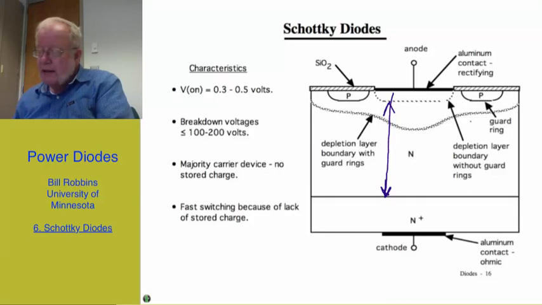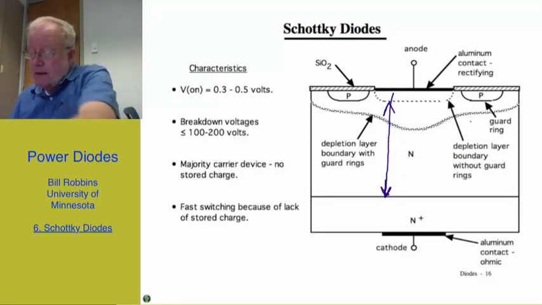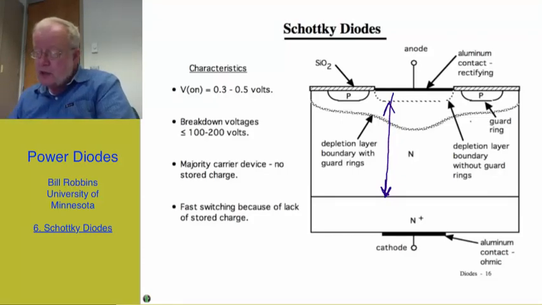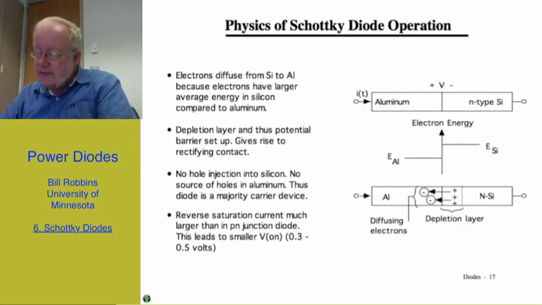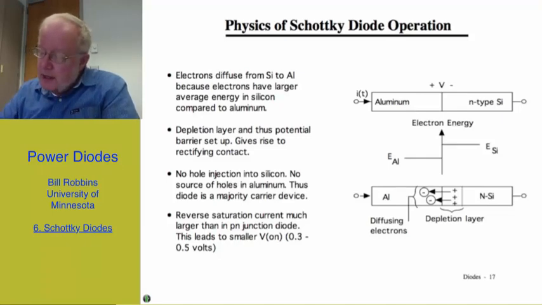Now, as to why that metallurgical junction forms a rectifying contact, here I've shown in the next slide a simple picture of that interface. Here is aluminum. Here is the n-type silicon.